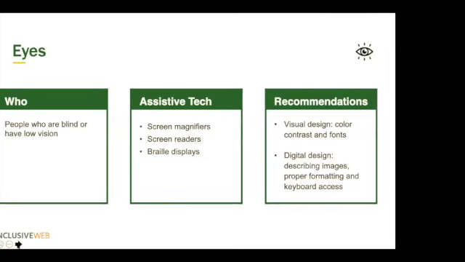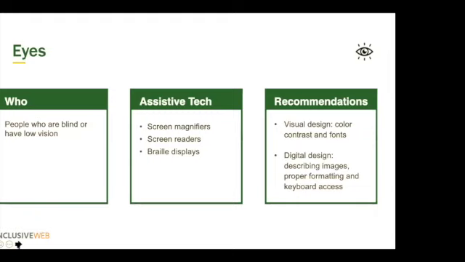So when you're designing for people who are blind or have low vision, here's some recommendations. Making your visual design more clear and easy to read, and that is done through good color contrast, using accessible fonts, spacing, and things of that nature.